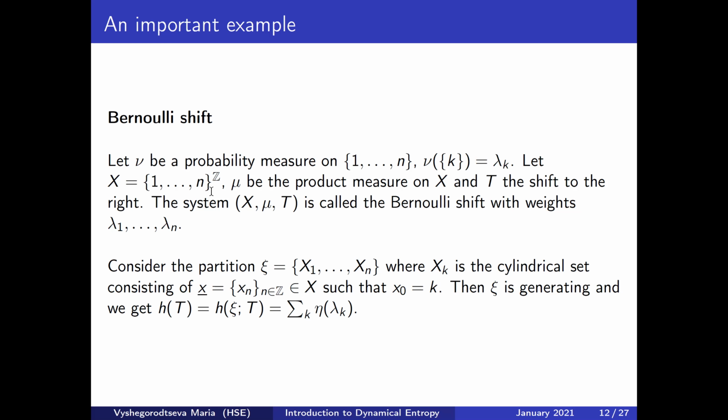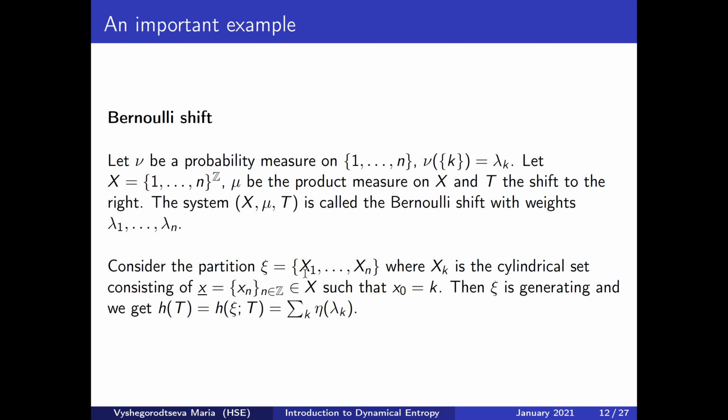So this is a Bernoulli shift with weights lambda 1, lambda 2. And now we will consider a partition which consists of cylindrical sets, where x1 is all those words whose zeroth element is 0.